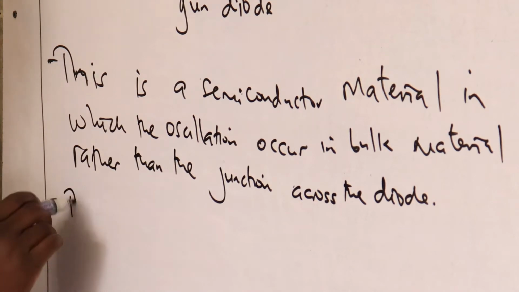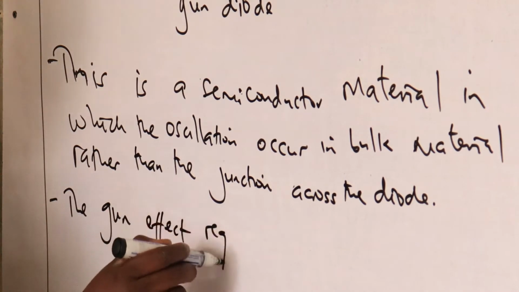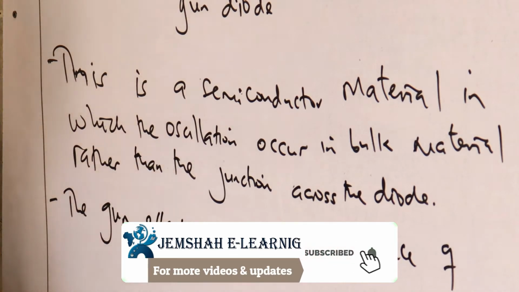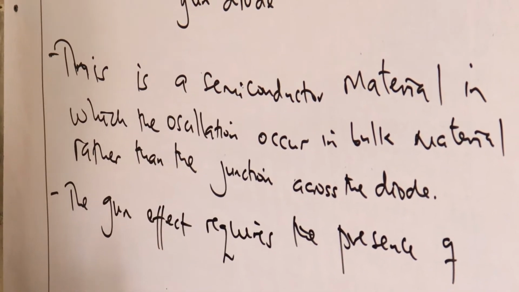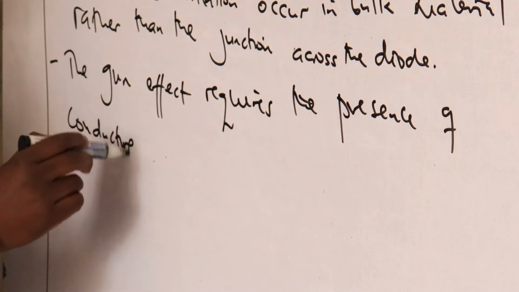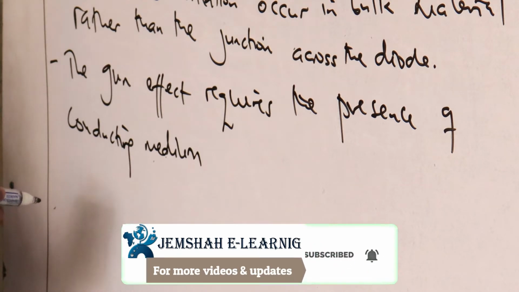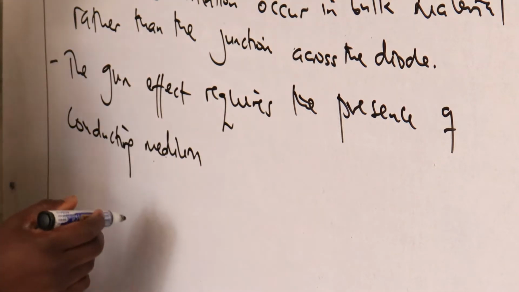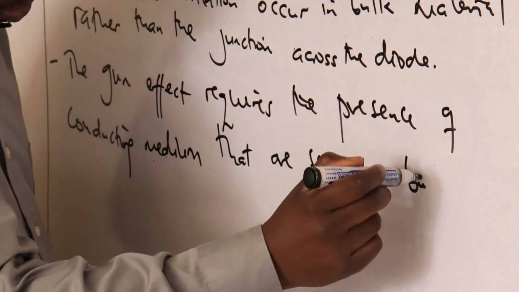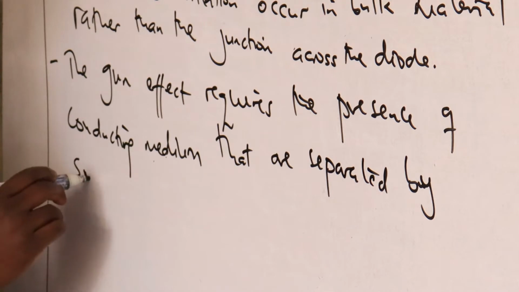Another thing we need to know concerning this is that the Gunn effect requires the presence of conducting media that are separated by a semiconductor material, which is referred to as a Gunn diode. The conducting media are separated by small energy gaps.